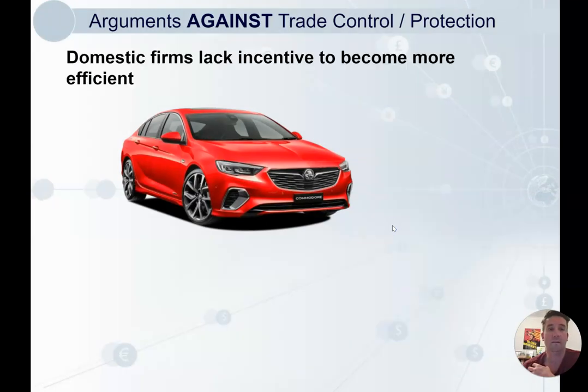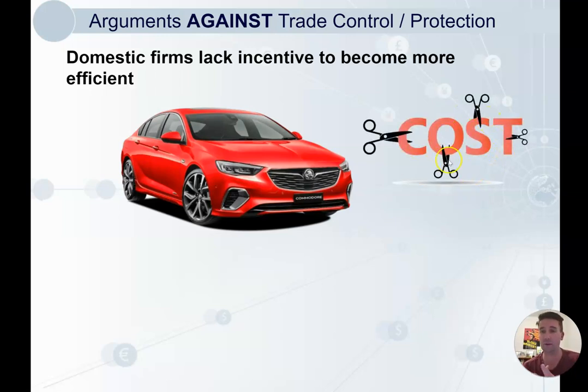And the domestic firms, when they're stuck behind that tariff wall, as we call it, are so protected that they don't have that intense drive and incentive to become more efficient. So this sort of benefit of free trade doesn't happen. No good. So big argument against trade protections there.